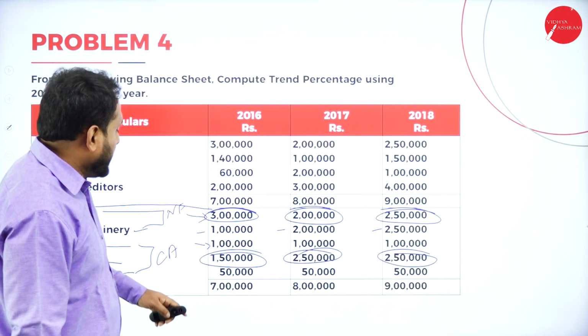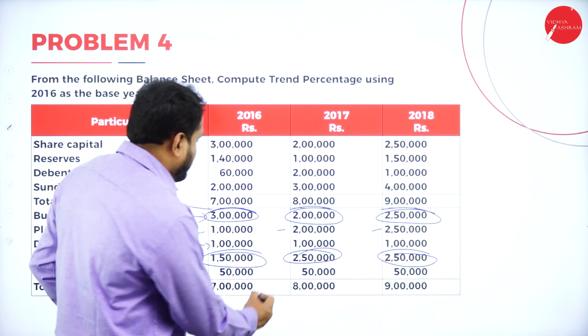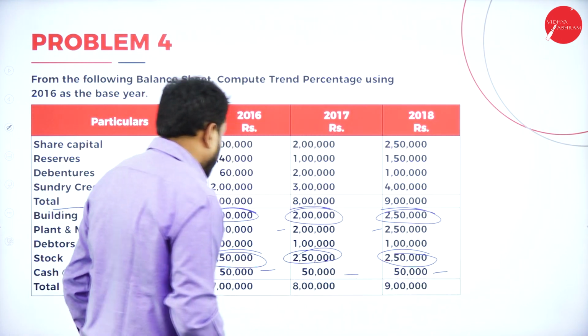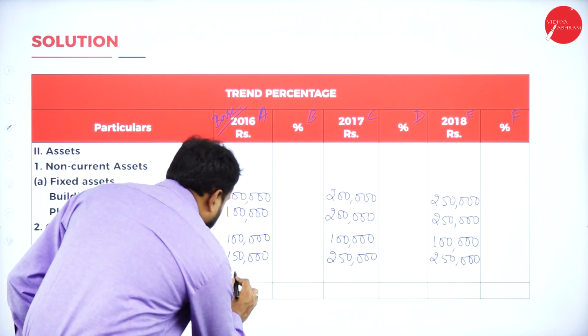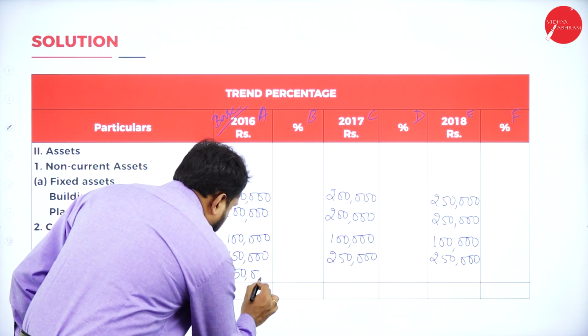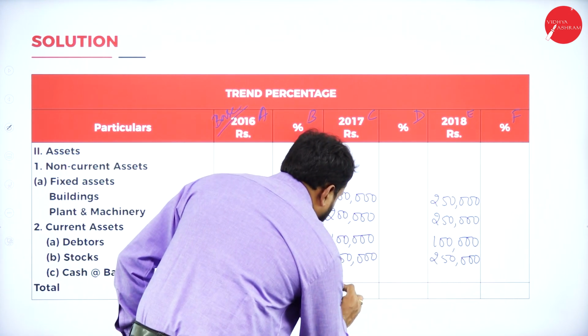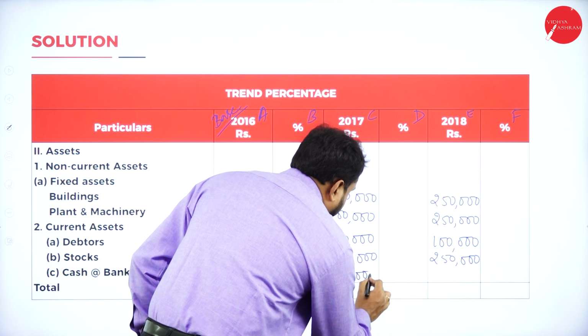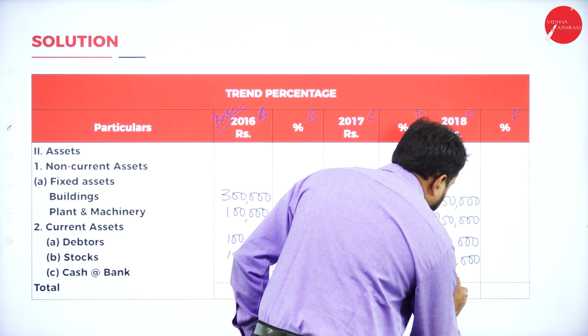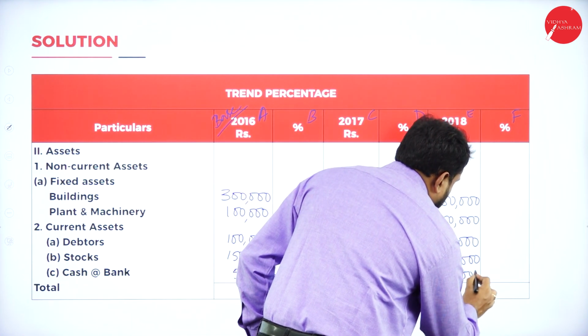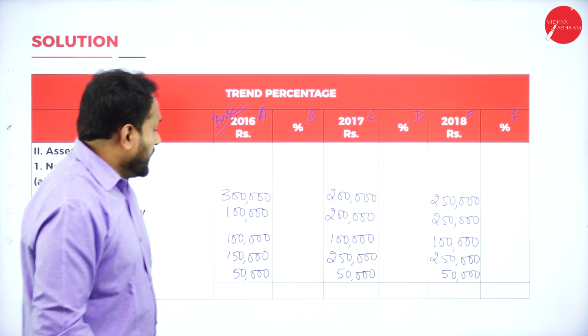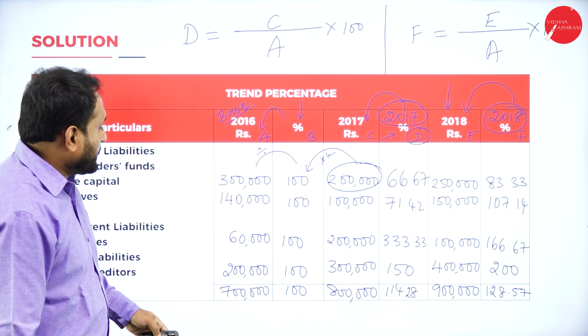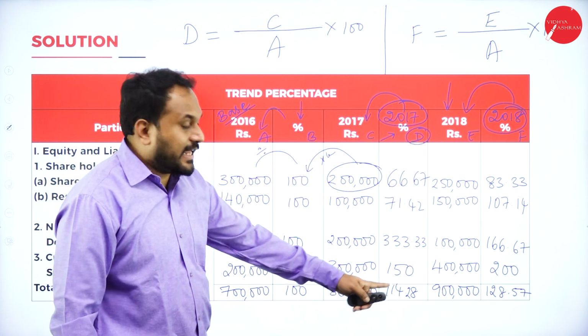How much is the cash at bank? Cash at bank is 50,000, 50,000, 50,000. If you calculate what should happen, you will get 7 lakh, 8 lakh, 9 lakh.